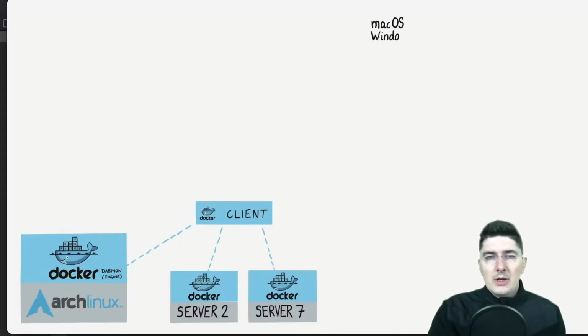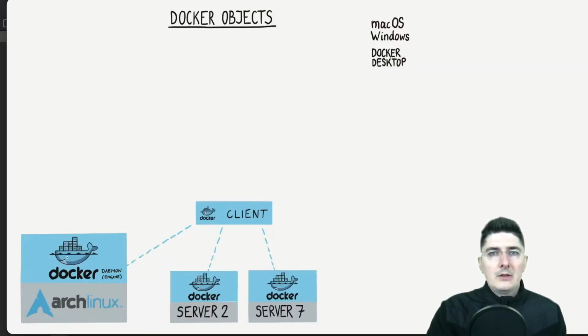If you are on macOS or Windows, you probably want Docker Desktop. It's an all-in-one application that will set you up with Docker daemon, Docker client, Docker Compose, and a few other things. When you use Docker, you are manipulating so-called Docker objects, and the most important ones are images, containers, networks, and volumes.